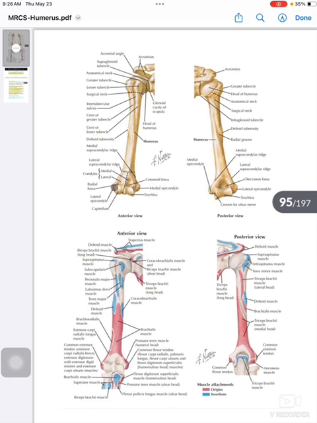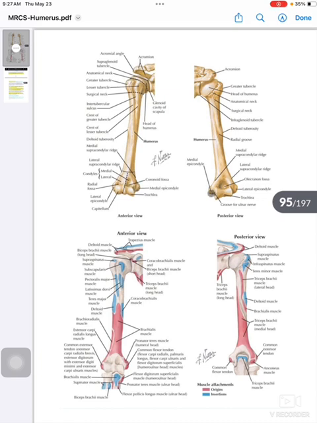Lateral to the trochlea is a rounded capitulum, which articulates with the radius. The medial epicondyle is very prominent with a smooth posterior surface which contains a sulcus.